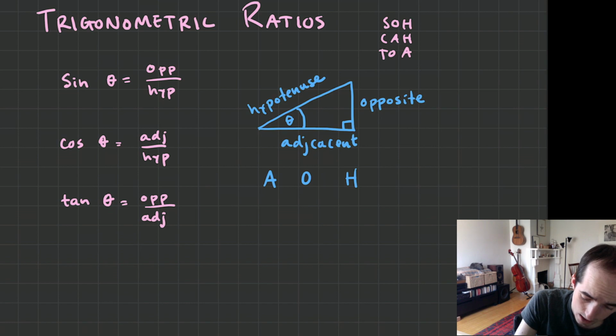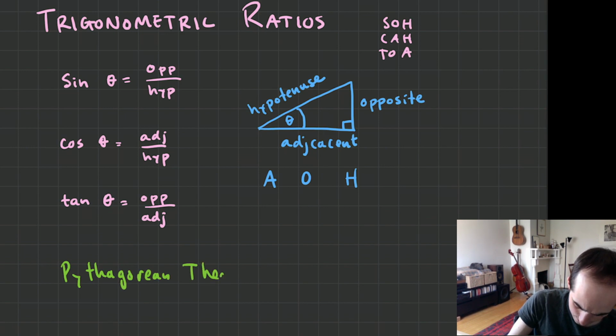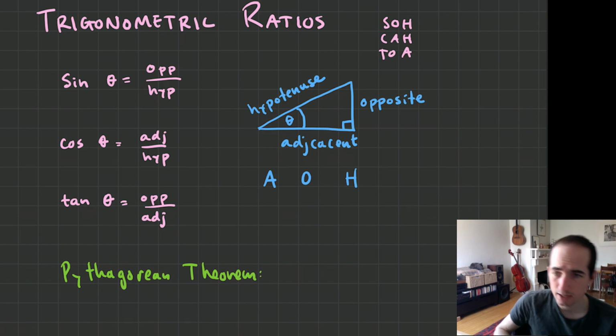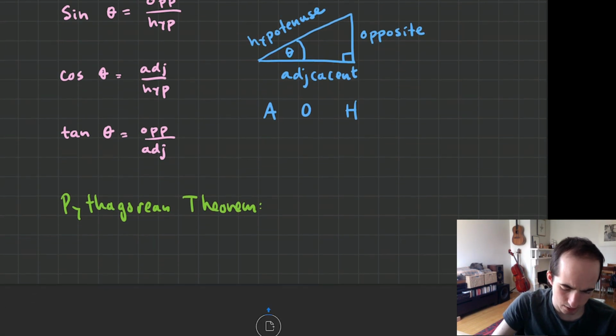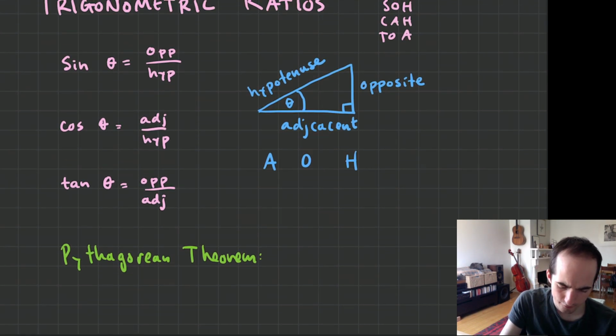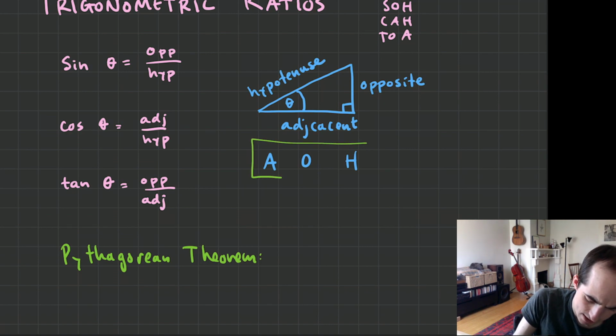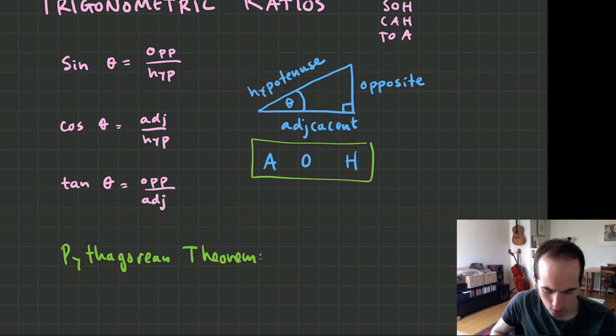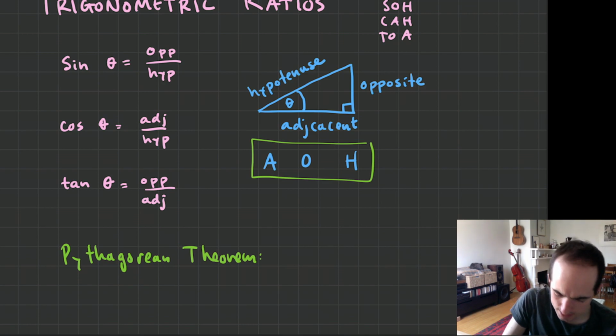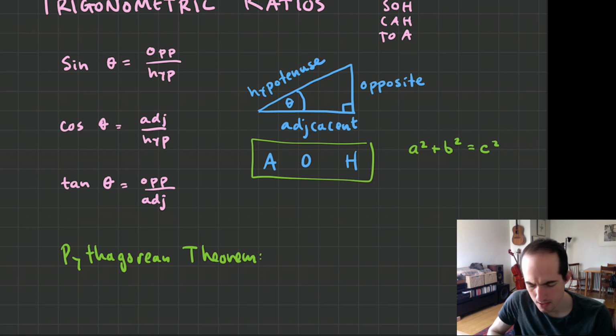One more thing that I want to remind everyone is that the Pythagorean theorem is well used here. It is useful because we have a direct relationship between these three sides. Remember that the Pythagorean theorem says that a squared plus b squared is equal to c squared.